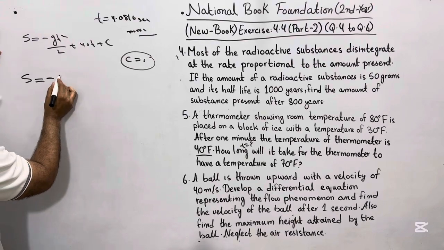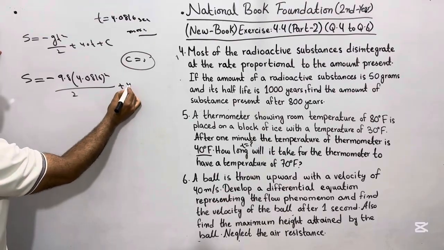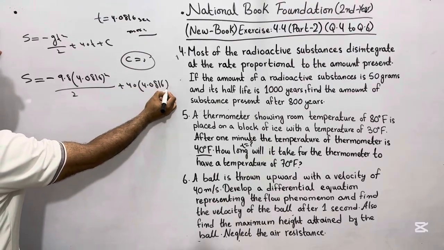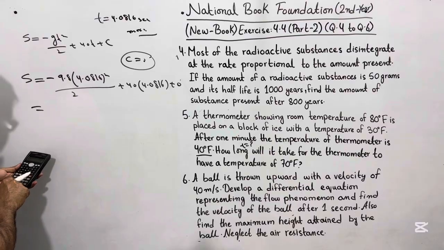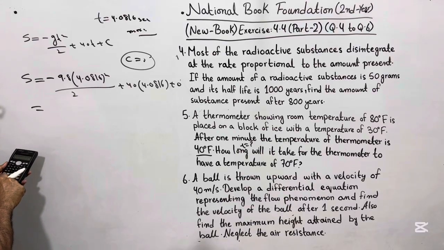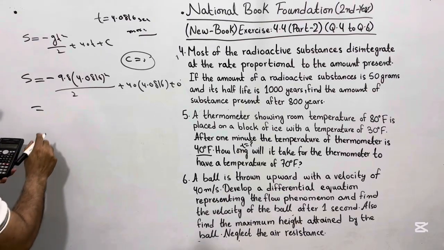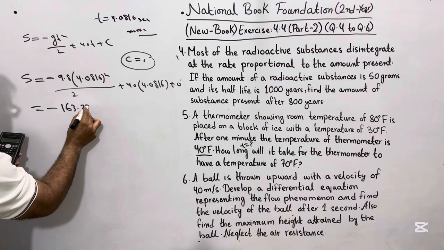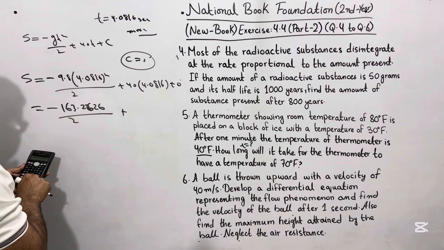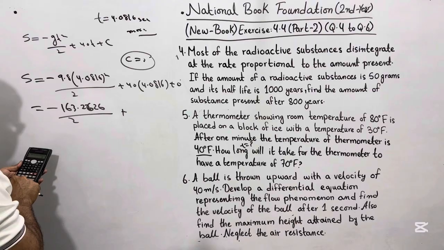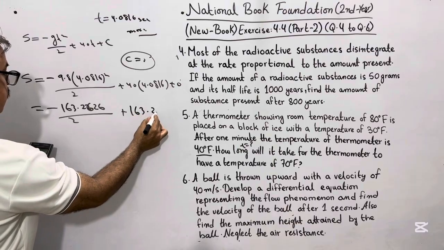Distance, you can say. Negative g means 9.8, t is 4.0816 square divided by 2 plus 40 times 4.0816, ignoring c. We have 9.8 times 4.0816 squared, that is negative 163.2626 divided by 2, and 40 times 4.0816 is also 163.264.